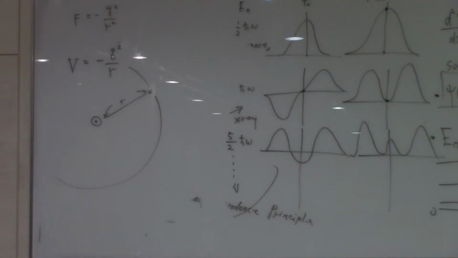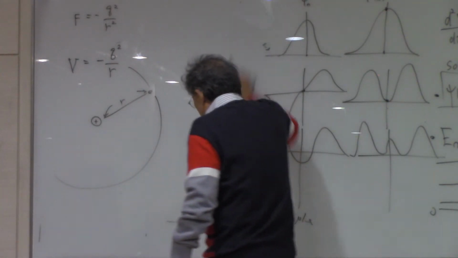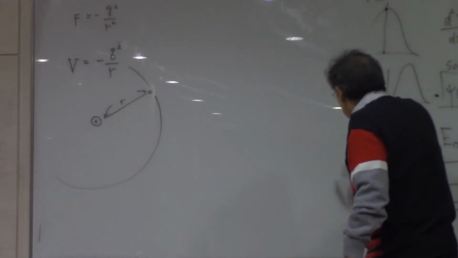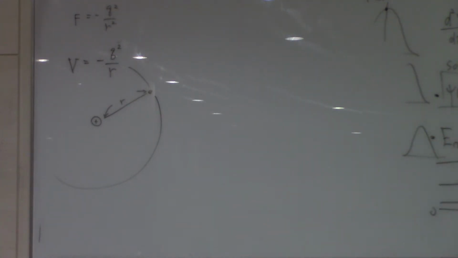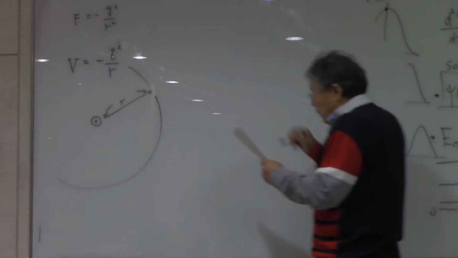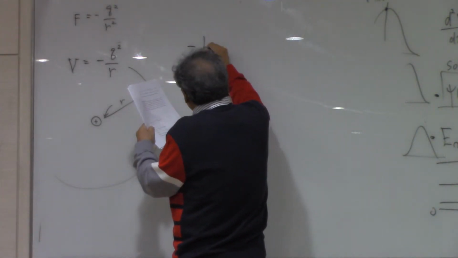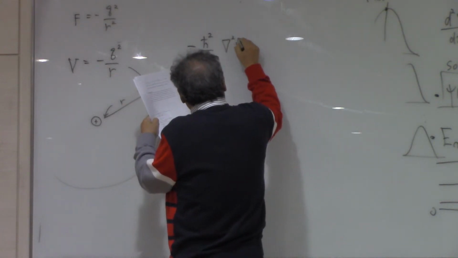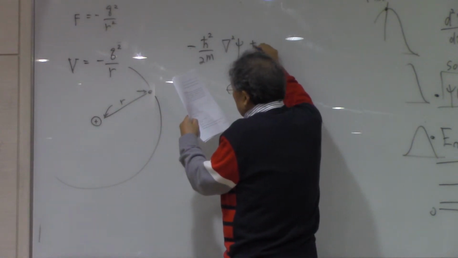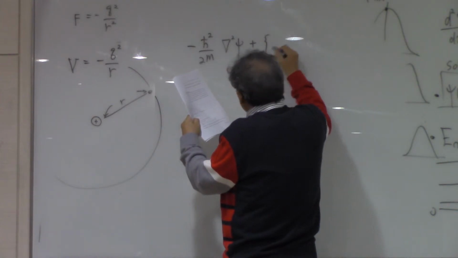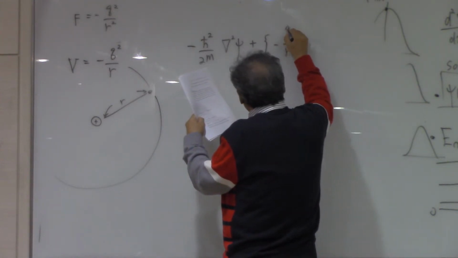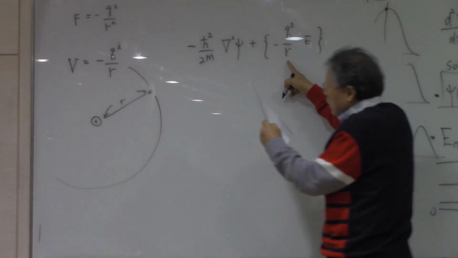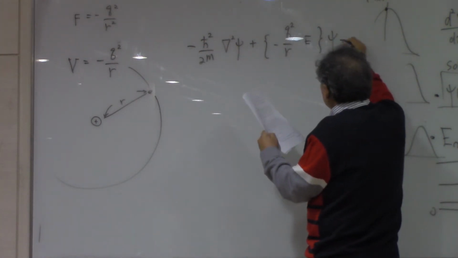So the Schrödinger equation for this hydrogenic atom now becomes h bar square over 2m applying psi plus the potential energy, minus Q square over R, times psi is equal to 0.